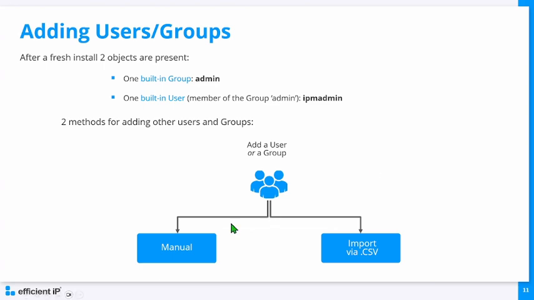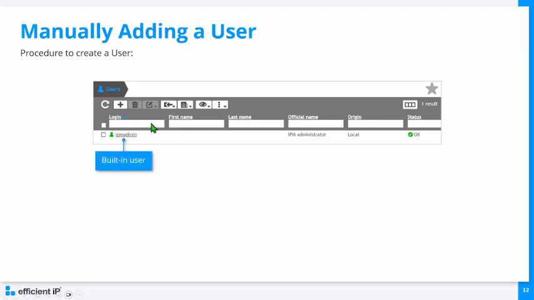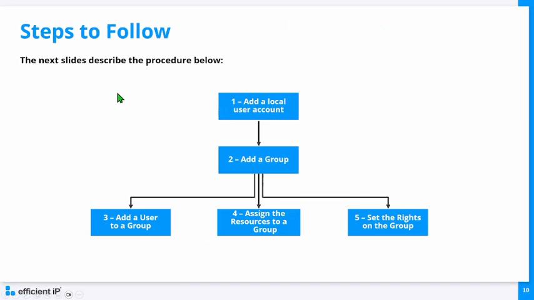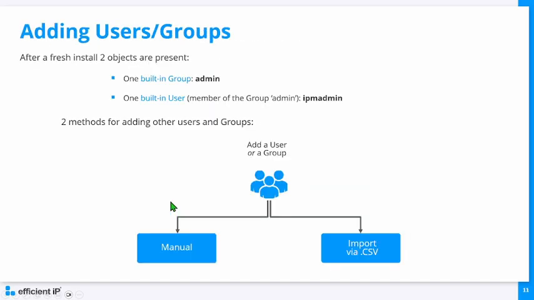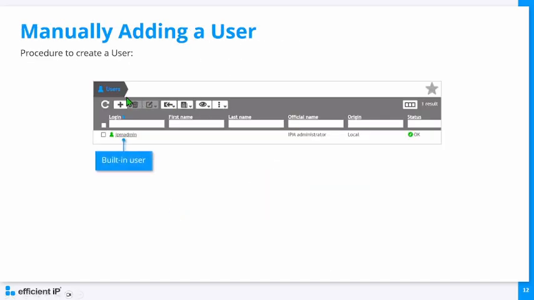Or you manually go to the GUI and create them. So if you go to the user listing page, on the admin home you click on user, or you click on the user here. Once you click on the user, you will see the user listing page.